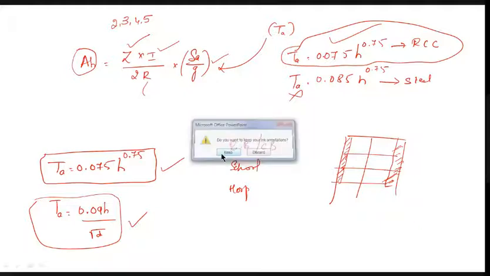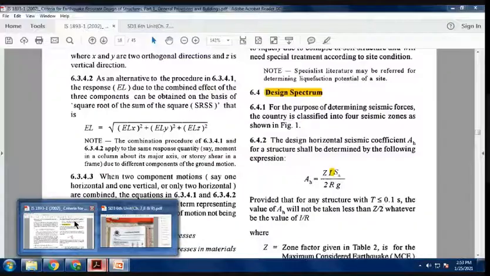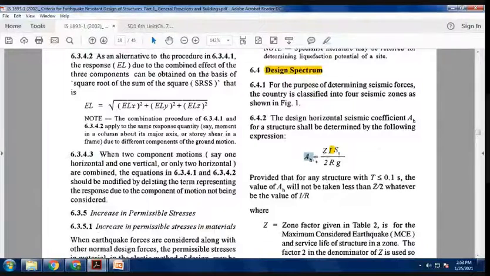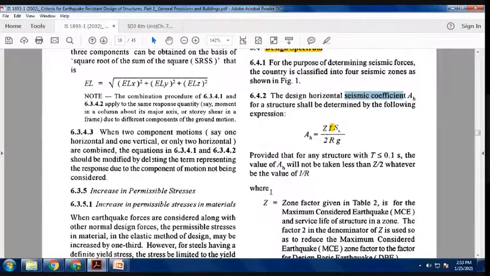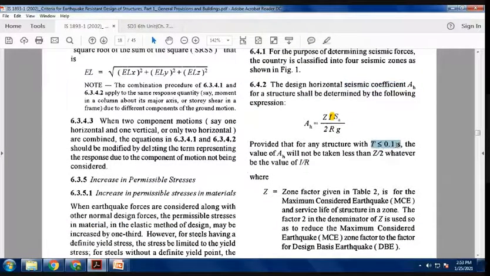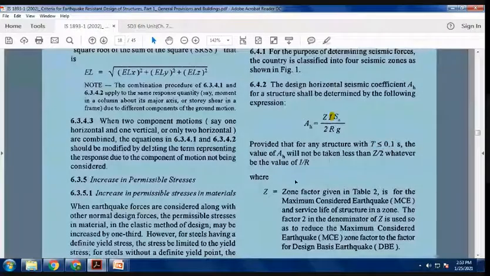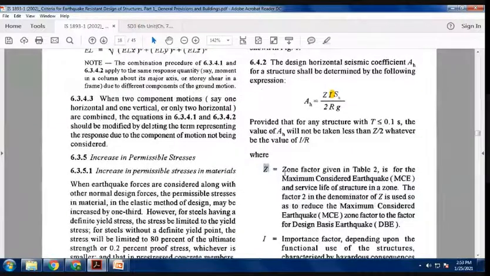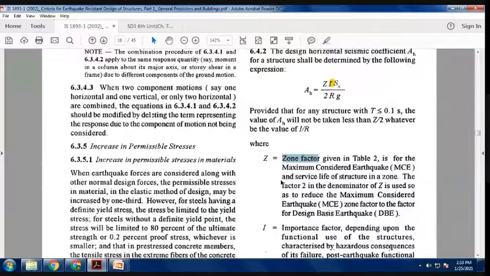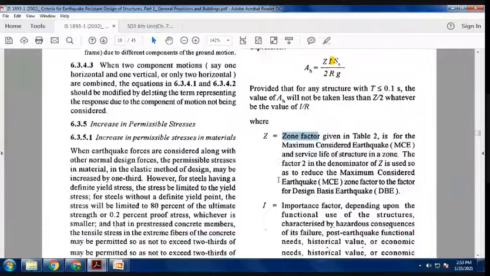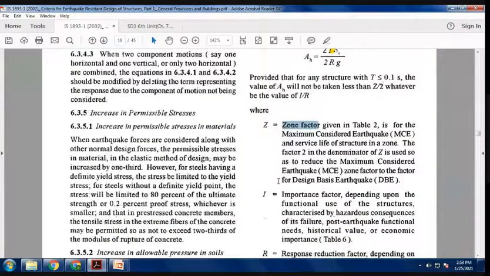Once we glance through the code book, you will get some ideas. Ah is the seismic coefficient, calculated by Z into I upon 2R multiplied by Sa by g, and it directly depends upon the value of T. We already saw that Z is the zone factor. From the table we will directly get it, or from the map or the listed cities.